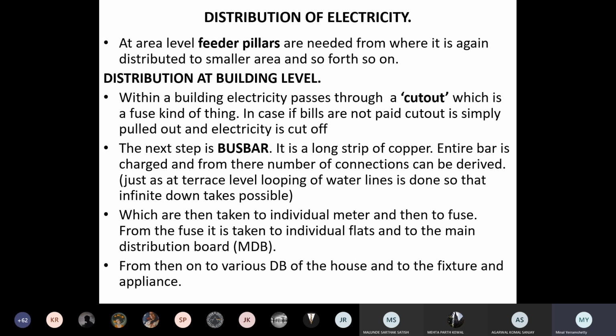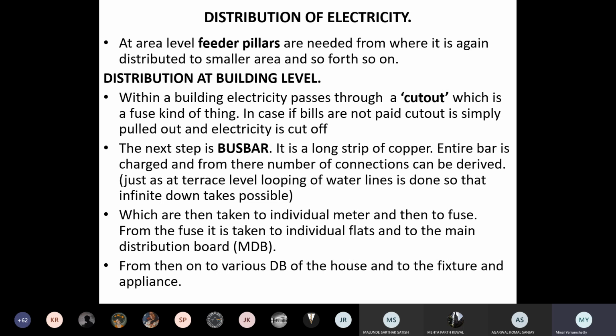But before it gets multiplied, you have to question, how does one wire become many wires? In water supply, I am supplied from one water pipe, collecting it in a tank, and from that tank it goes up, and via that I get one single line and then individual lines. So it's a gravity fed system for water supply.